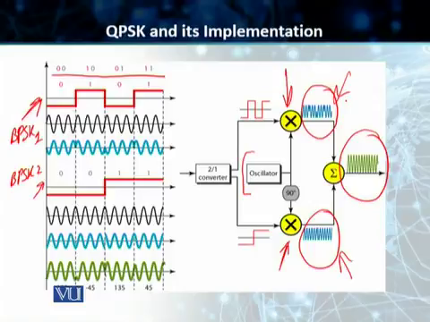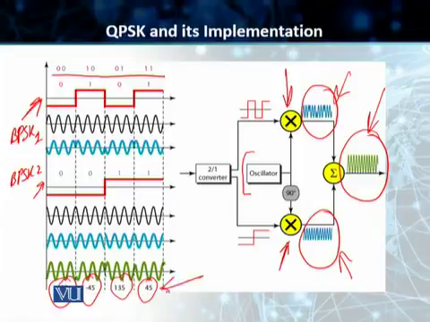And when they are added, the result is another sine wave. So this is your summation. The result is another sine wave, and it has got one of the four possible phases, which can be 45 degrees, 135 degrees, minus 45, and minus 135 that you're going to use in this quadrature PSK digital to analog conversion technique.